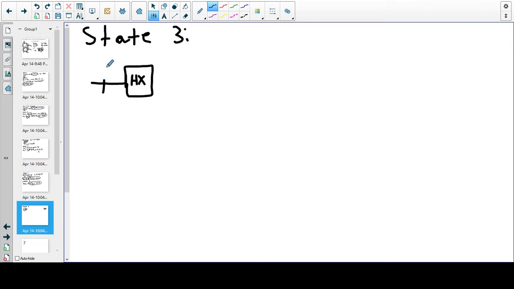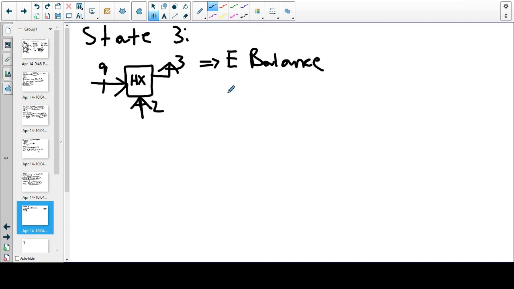All right, and now we're doing state 3. This is another little heat exchanger, the intermediate heat exchanger before the second compressor. So we have 2 going in, 9 going in, and 3 leaving. And I think I make a mistake here, but I will explain it. It's an energy balance that we're going to do around this heat exchanger. So we have 0 equals m dot.